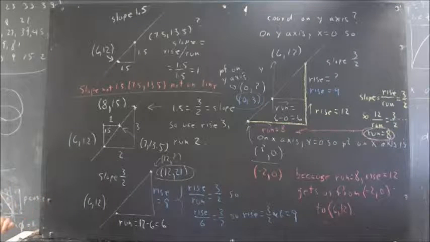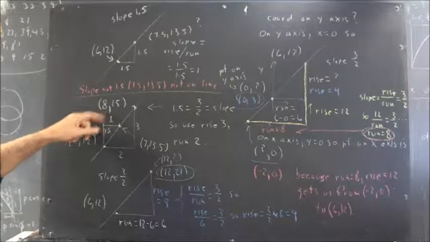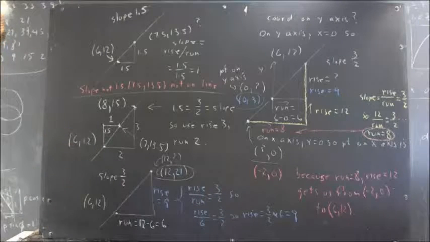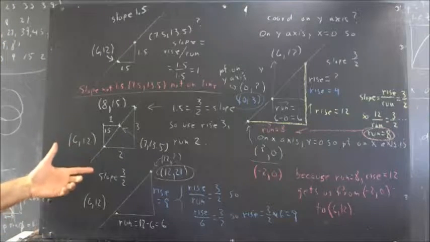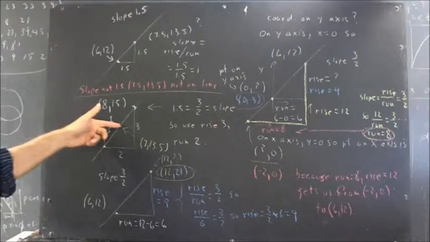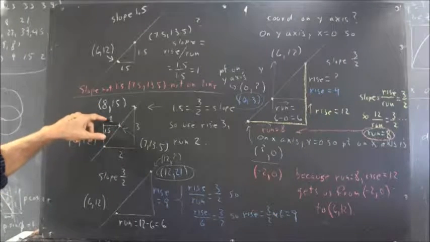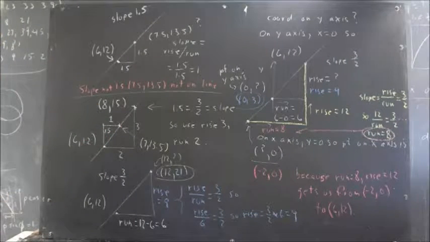Okay, now another thing we can do. Somebody suggested just using a run of 1 and a rise of 1.5. That works. If the rise is 1.5 and the run is 1, the slope is 1.5 divided by 1, which is 1.5.